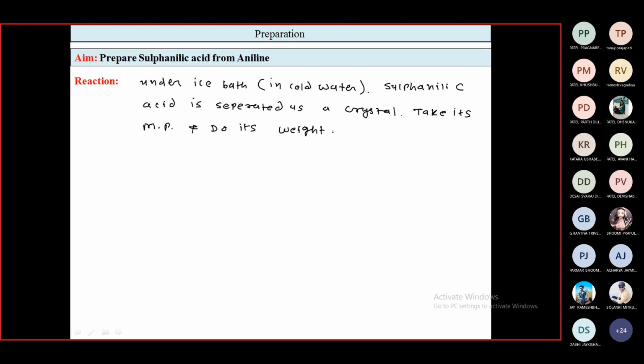So see, in this way you are getting sulfanilic acid. As a result, sulfanilic acid is separated as a crystal. This is very, very important in order to get sulfanilic acid.